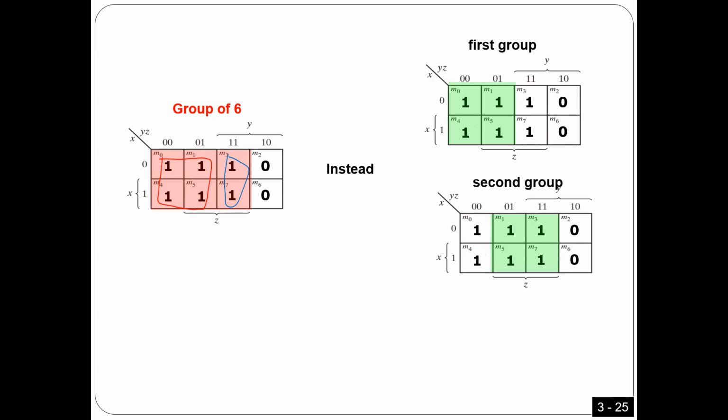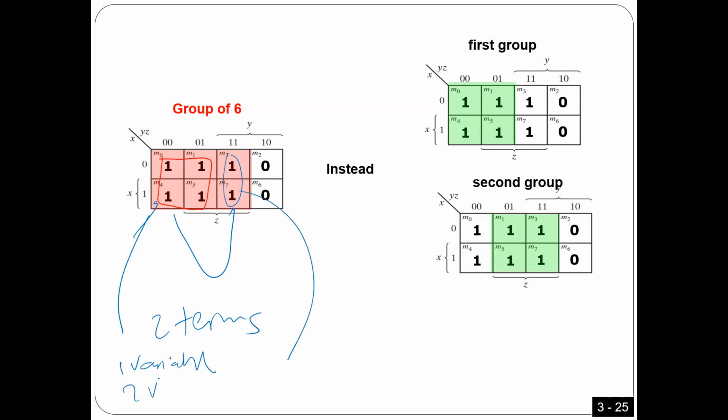Is this the most simplified one? This is not the most simplified one. Why? Because I can make this group bigger. Look here, guys, if you take these two together, I'm going to have two terms. This term here has only one variable, and the second term here is going to have two variables.